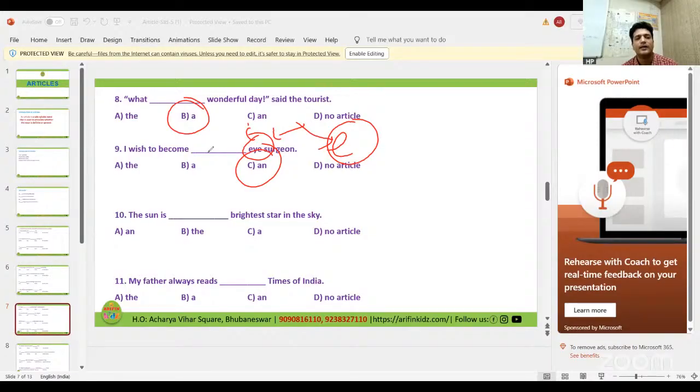Right? So next question would be the sun is dash brightest star in the sky. What can be the answer of this?